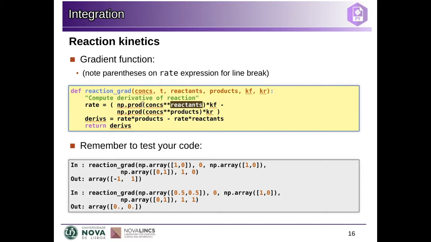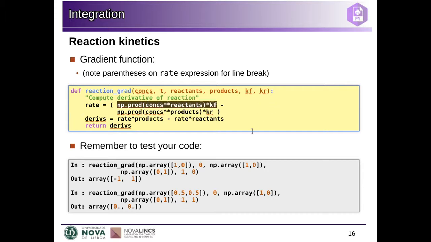So this is something easy to do because this is a numpy vector, this is a numpy vector too, so we can just do element by element, each element of the concentrations raised to each element of the reactant stoichiometry, and then we just do the product of all of these and multiply by the forward constant.